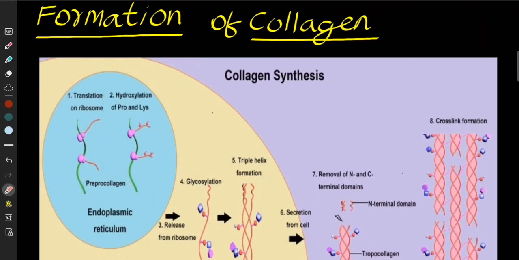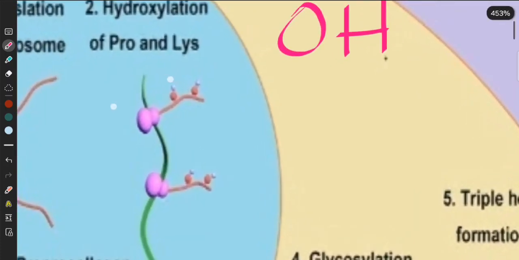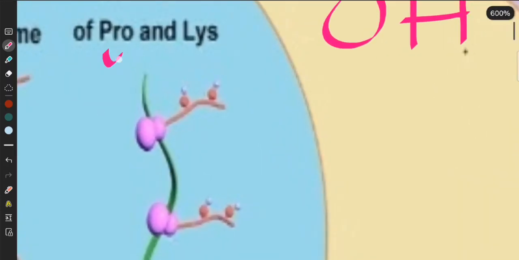Now, after the formation of this simple protein pre-procollagen, the hydroxylation of proline and lysine will take place. That means a hydroxyl group will be added to the proline and the lysine. This is in the fourth position and this is in the fifth position.